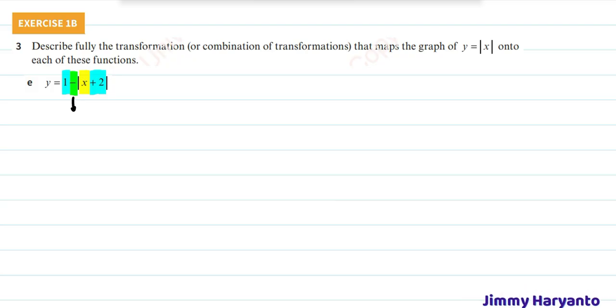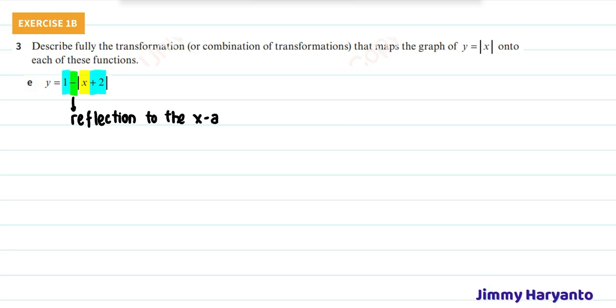That means the first transformation is, in my notes I already told you, that a negative in front of the modulus function will be the reflection to the x-axis. So you will write this as the reflection to the x-axis.